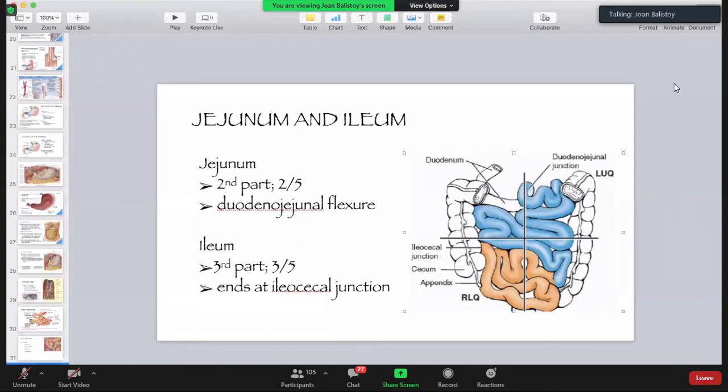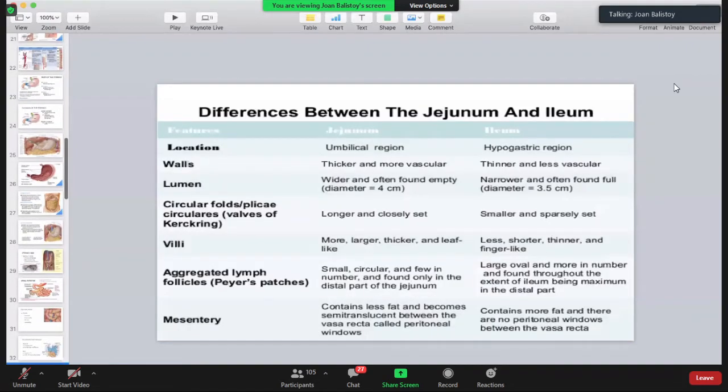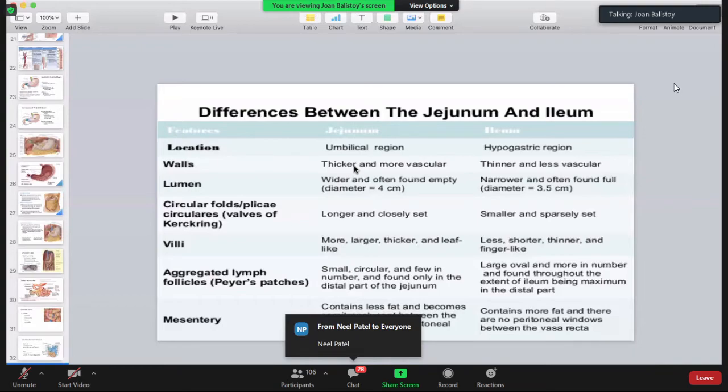Now, the important thing in jejunum and ileum is for you to identify the difference between them. First of all, in location, hypogastric is your ileum, umbilical is your jejunum. The walls of your jejunum are thicker and more vascular. So that's the most important part. If you see a thicker small intestine, and more vascular, then it must be a jejunum.